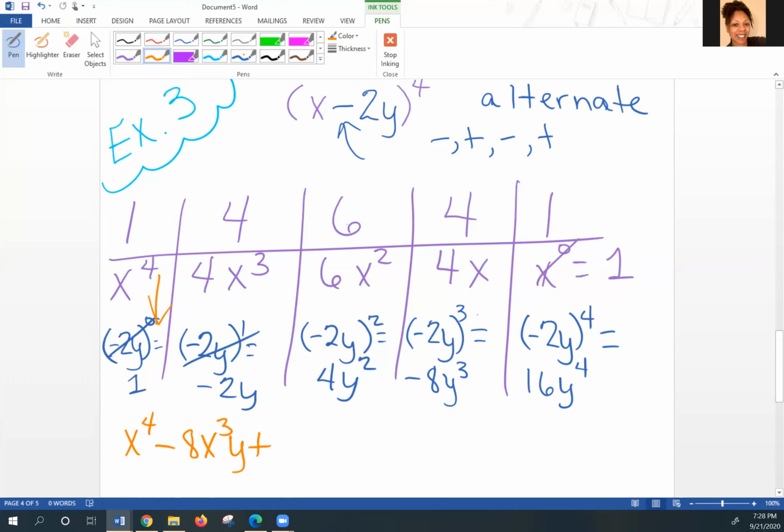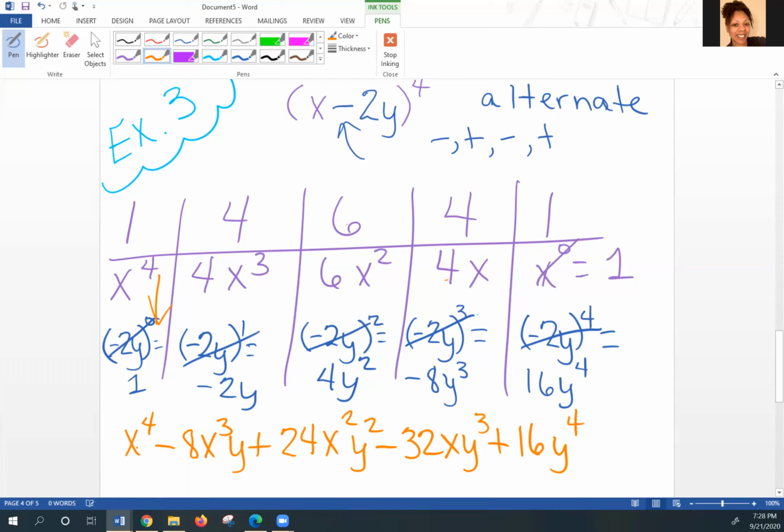And this is why I was saying, once you simplify, because it'll start getting messy, go ahead and get that out the way so you won't get confused by it. 6 times 4 is going to be positive 24, but don't forget the x squared comes first, then the y squared. And now you have 4 times negative 8, negative 32, x, y cubed, plus 1 times 16, which is 16, y to the fourth.